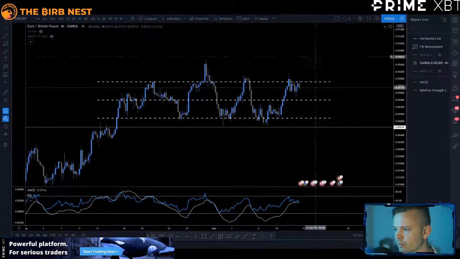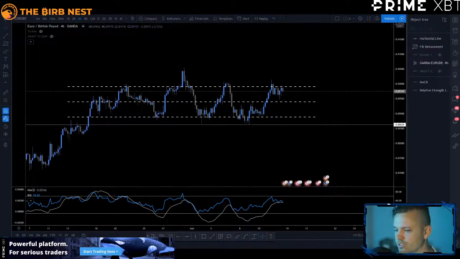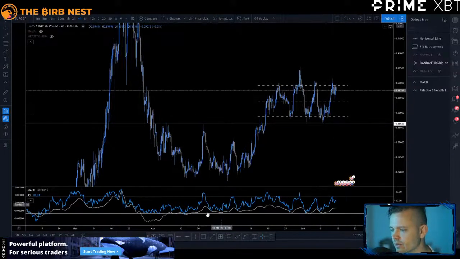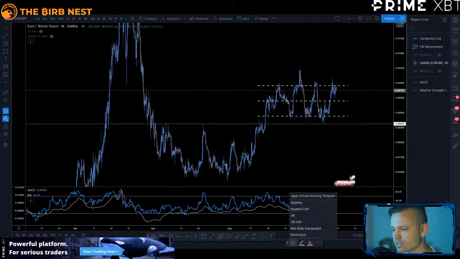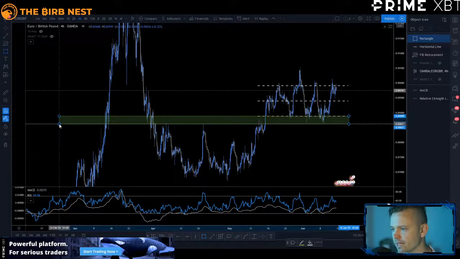So how would that trade look? I want to follow this trend down to range low. And down in this area, I might actually be interested in a long. But I'm not going to blindly buy this area.